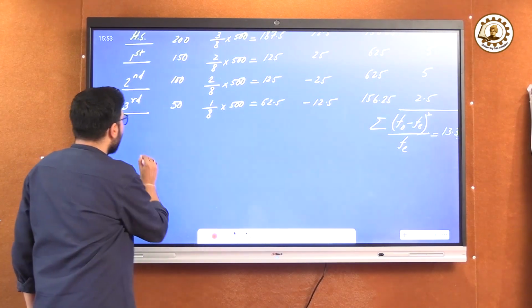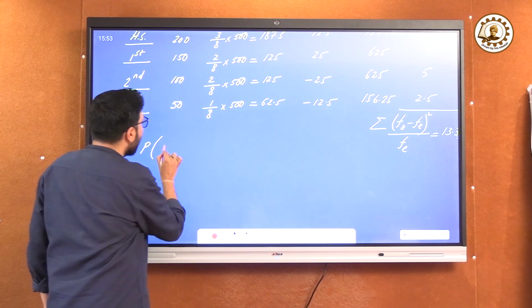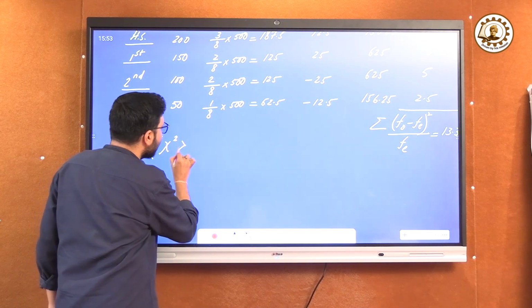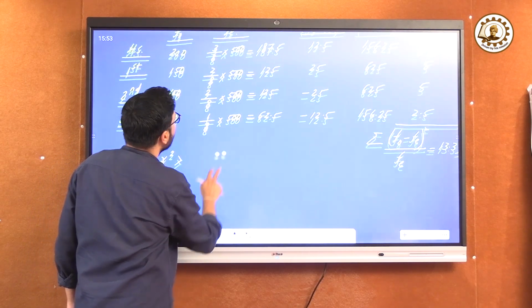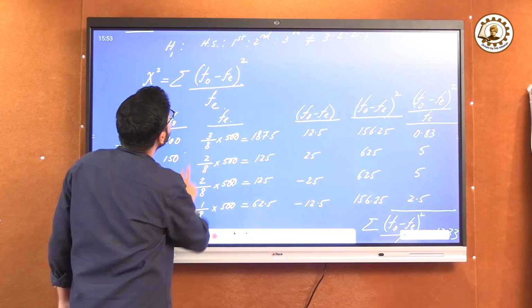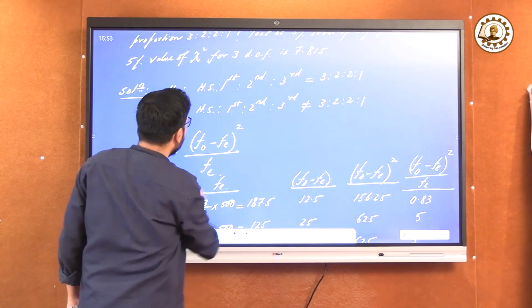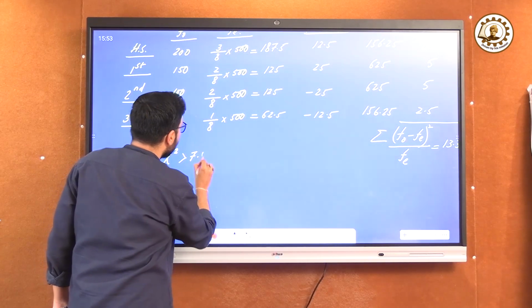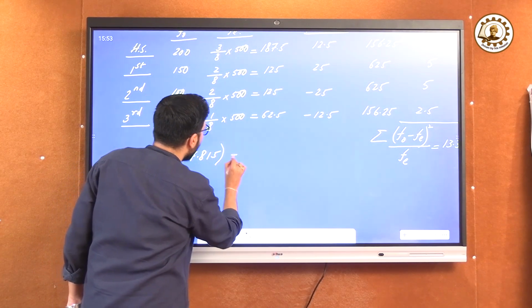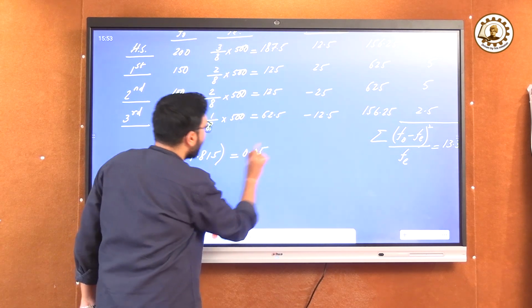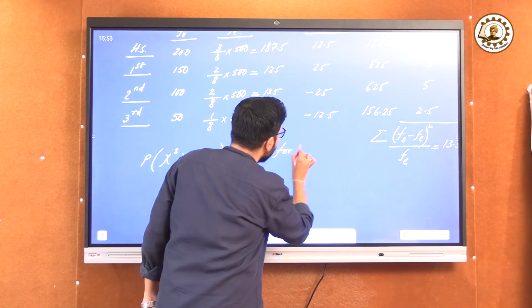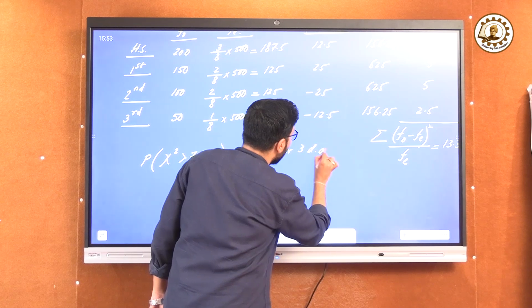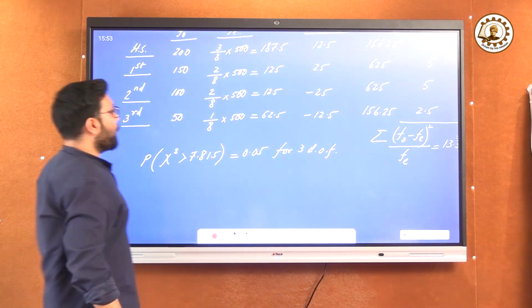So I will write it, probability that we can reject the null hypothesis if the chi-square value is greater than 7.815. 7.815 is 0.05 for 3 DOF, that is degrees of freedom.